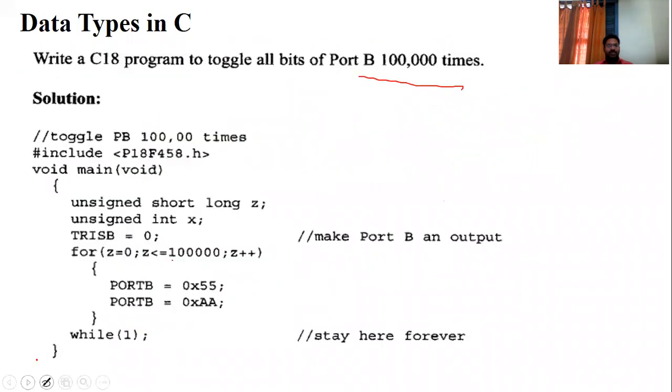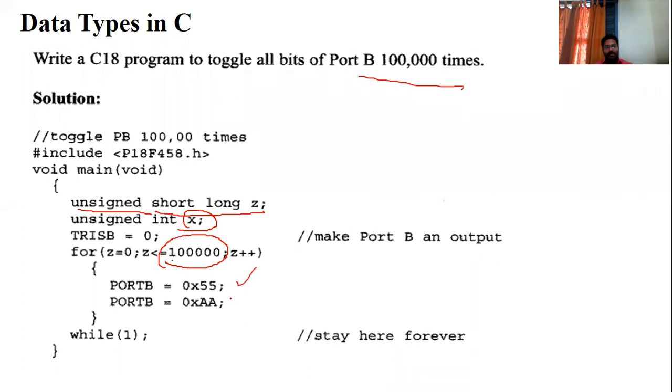Here you can just use unsigned short long z. Short long z is used because here, instead of char or int, the value is, sorry, 1 lakh.